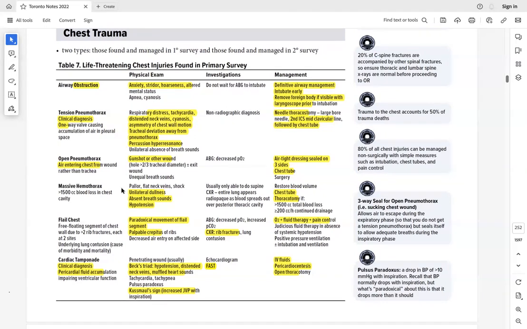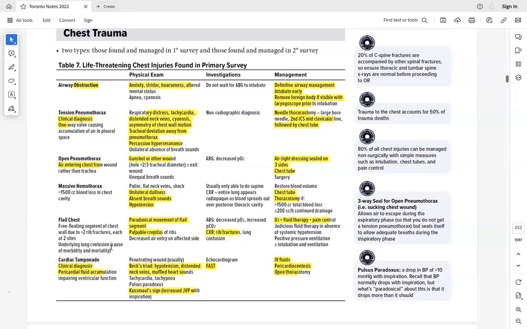If they say that you did the chest X-ray, and FAST is fine, okay, but the patient is presenting with signs of pneumothorax, and on chest X-ray there's some radio opaque shadow present in the chest, like an air fluid level.